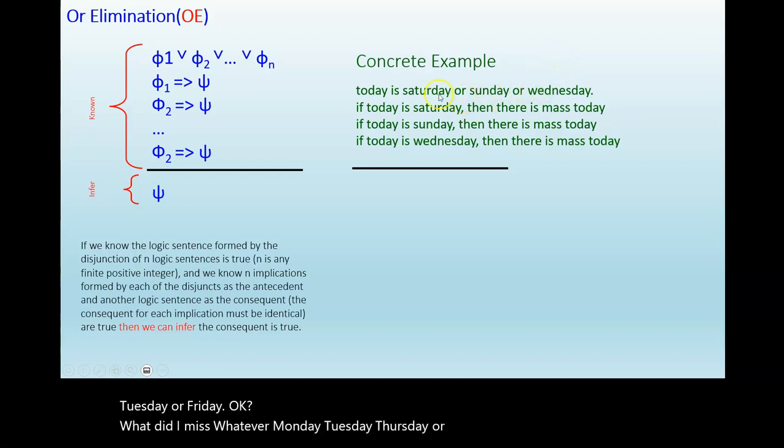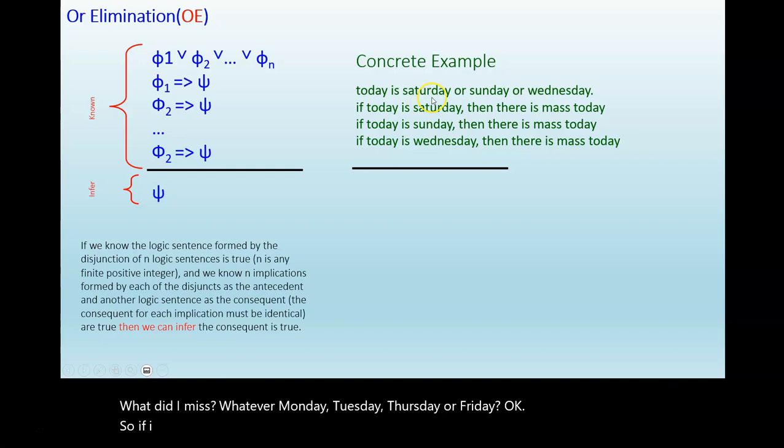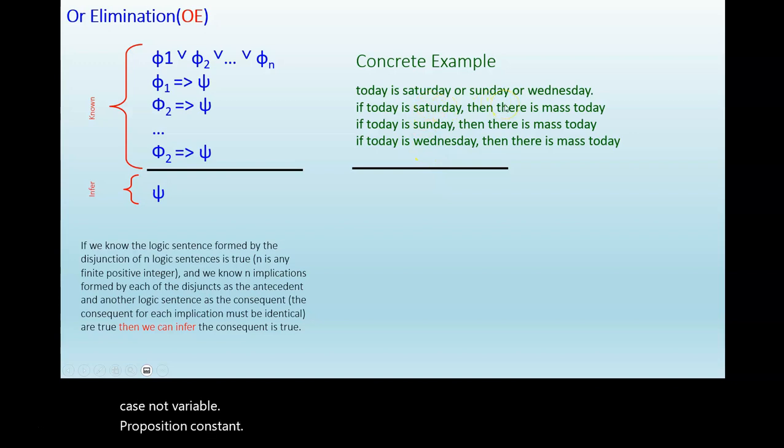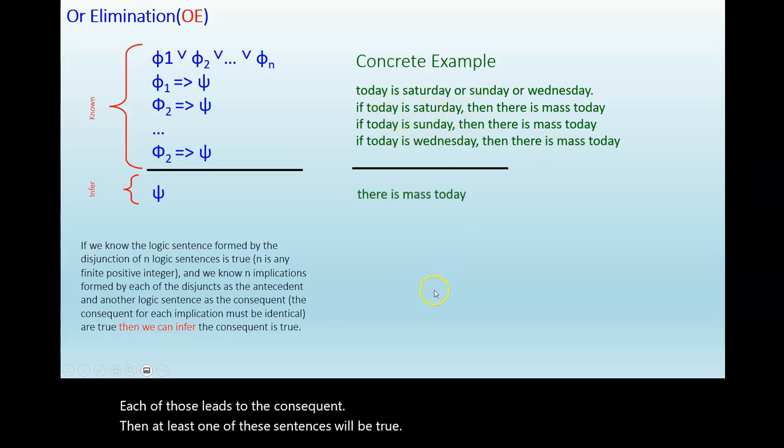So if I know that, and I know that for each of those sentences, in this case not variable, proposition constant, one of them is true, maybe more than one, and each of those leads to the consequent, then at least one of these sentences will be true. And that means there is Mass today.